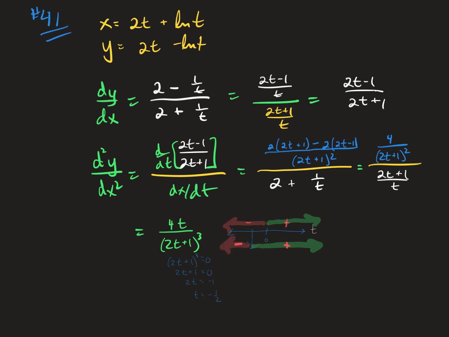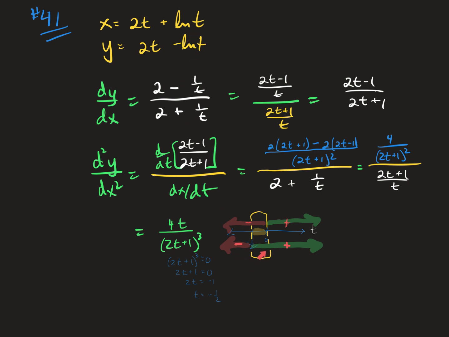So the instruction is, when is this plane curve concave up and concave down? You might be tempted to say it's concave down when t is between negative 1/2 and 0, because that's when the numerator is negative and the denominator is positive. So the second derivative will be negative divided by positive, which is negative, concave down. Except that doesn't work because this plane curve doesn't exist when t is negative, because we have an expression, the natural log of t, that's only defined when t values are greater than 0.